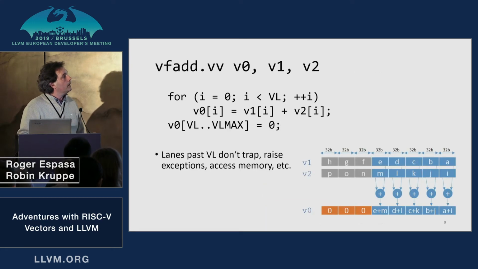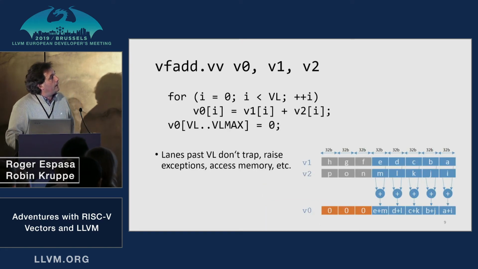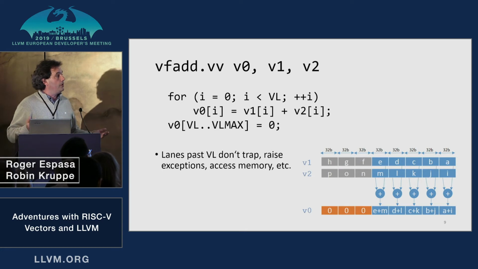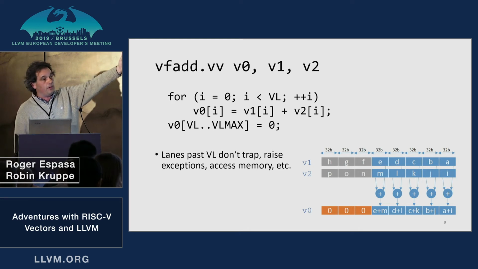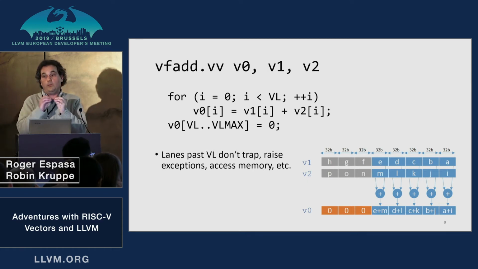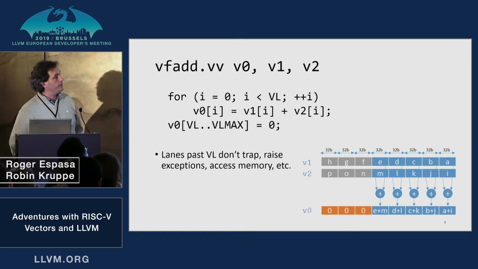Real quick, a fundamental vector instruction, which I'm sure this audience fully understands: a vector floating point add, VV, vector plus vector, where V0 is the destination, and V1, V2 are the sources. The semantics is this for loop where you take the elements in V1 and V2, add them one by one, and put the result in V0.